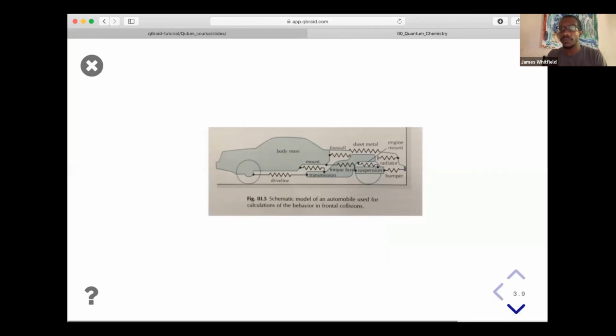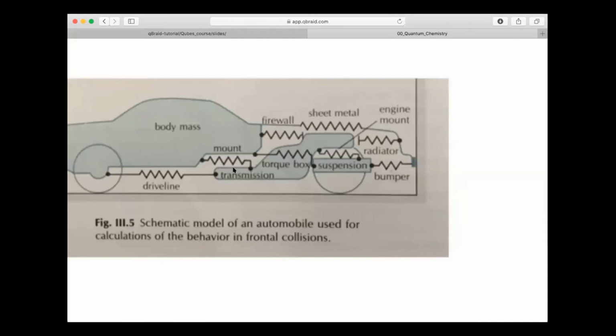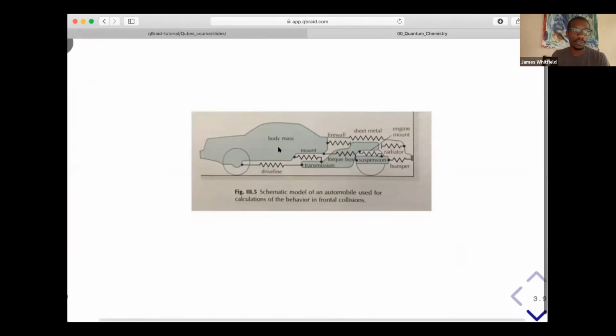And so you take all these different equations and you start saying, well, the bumper has this spring constant, and the suspension has a spring constant, and the metal sheet has a spring constant. You end up with a bunch of constants. You need to figure out how all these constants work together to see how this thing will collapse. Right? So when you apply so much force, how does this whole thing collapse? Okay. This is a schematic model. And that's a lot of mathematics you'd have to put into this to actually be able to solve it.